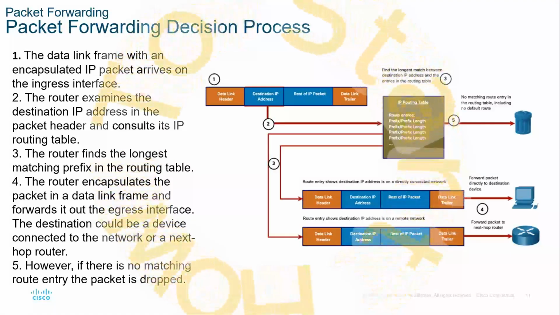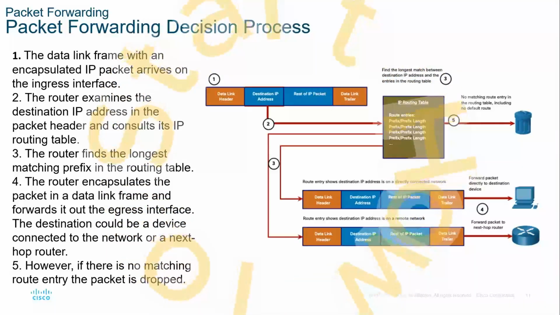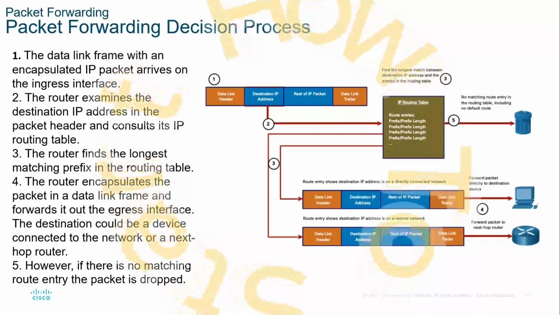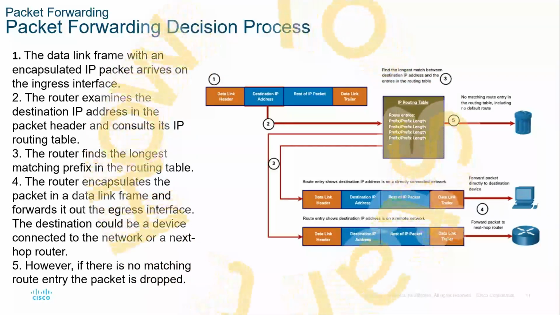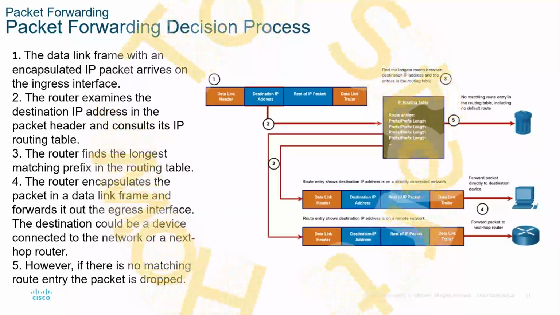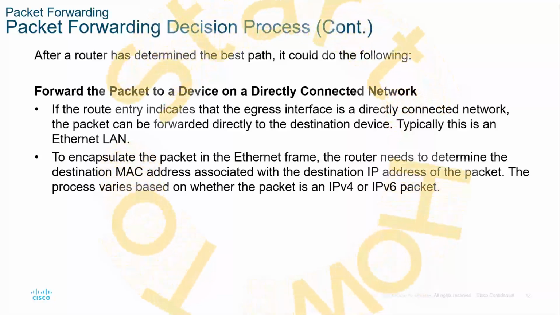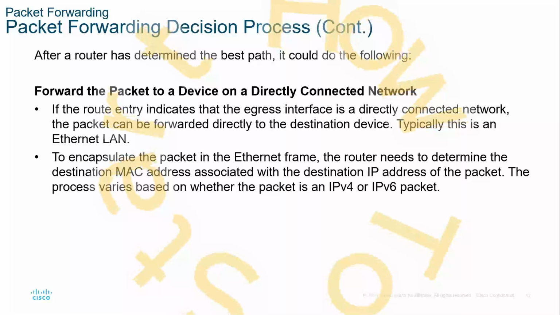So again, if there is no exit interface that was identified by the longest match and there was no default route, then the destination is undeliverable. Packets get dropped.